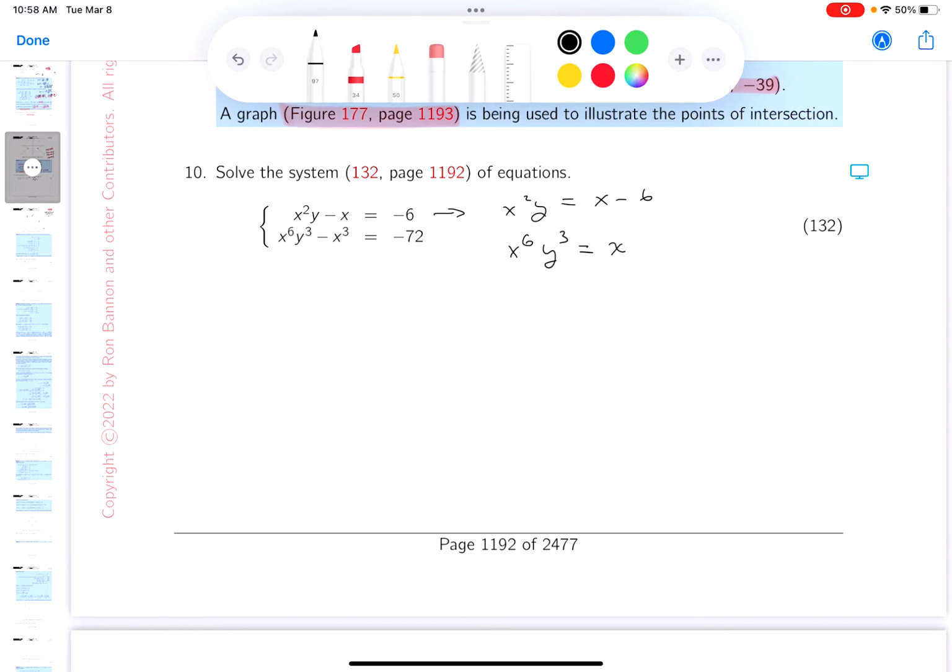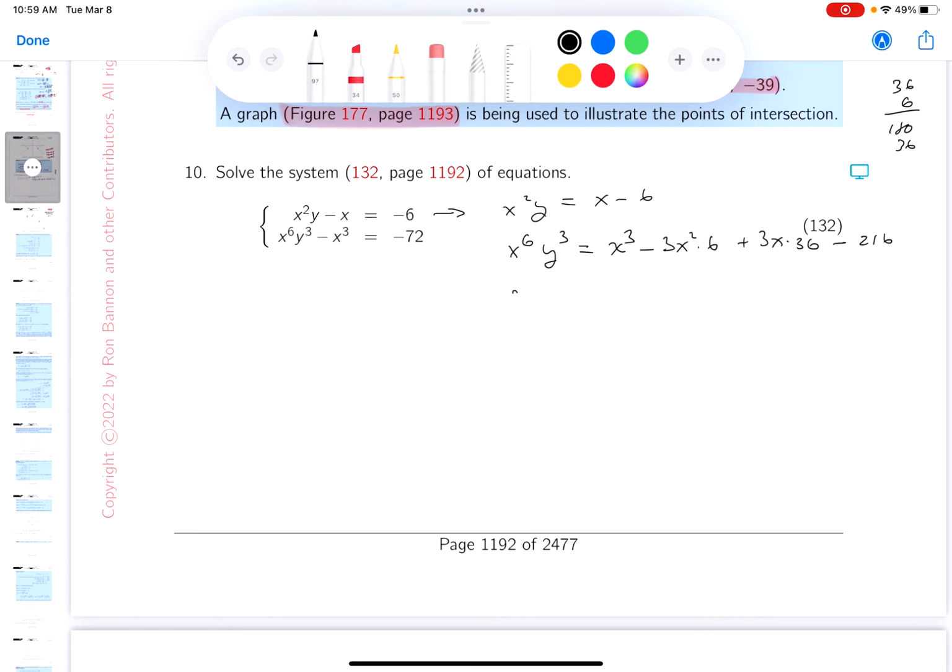You get x cubed minus 3x squared times 6 plus 3x times 36, and then you're going to get minus 6 cubed. Well, 36 times 6, that's 180, and 6 times 6 is 36, so you get 216.